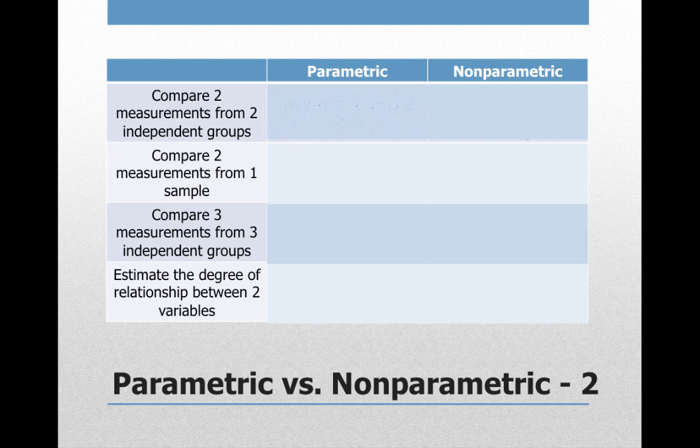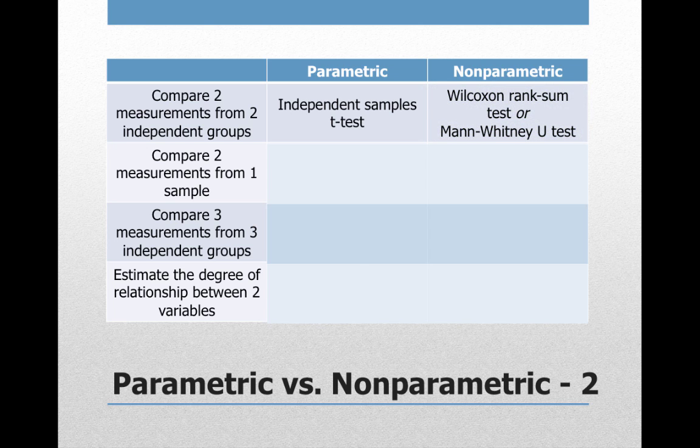This is when we're doing an independent samples t-test. We're comparing two means from two separate independent groups. Well, the non-parametric test that's analogous to the independent samples t-test is the Wilcoxon rank sum test. And so you'll also see some other people use the Mann-Whitney U test.